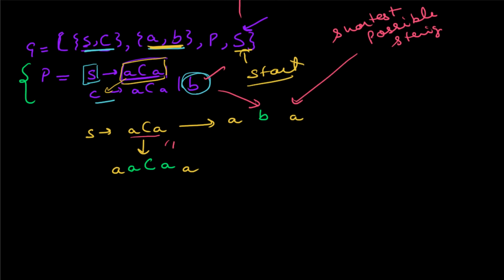So this is our first iteration, and we got AAACA, and let's just use this C and go to ACA. So you place this A, and then another set of A's, and then place the ACA. So that's the second iteration.